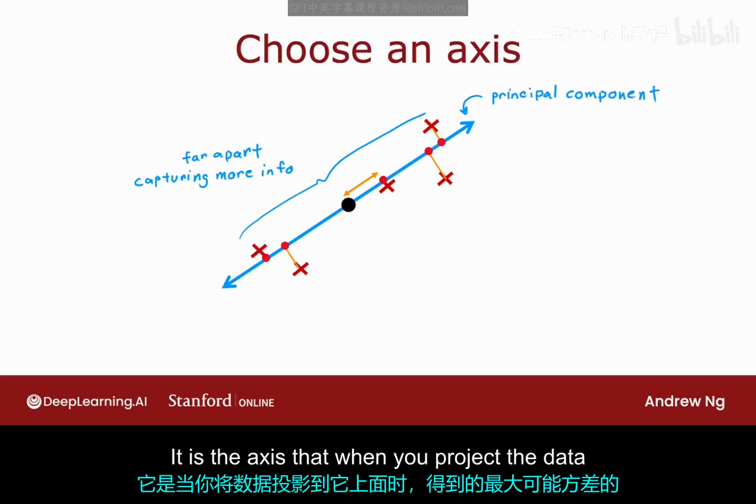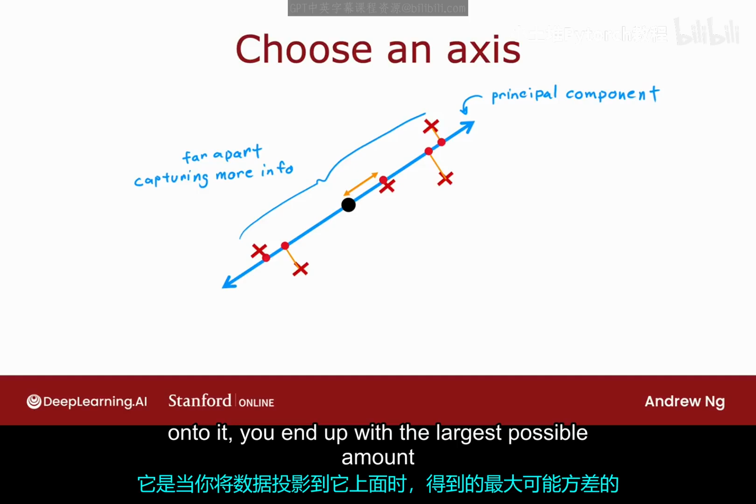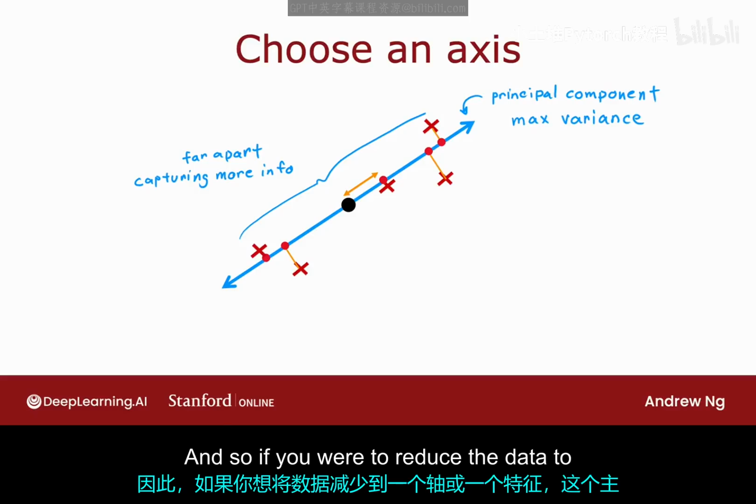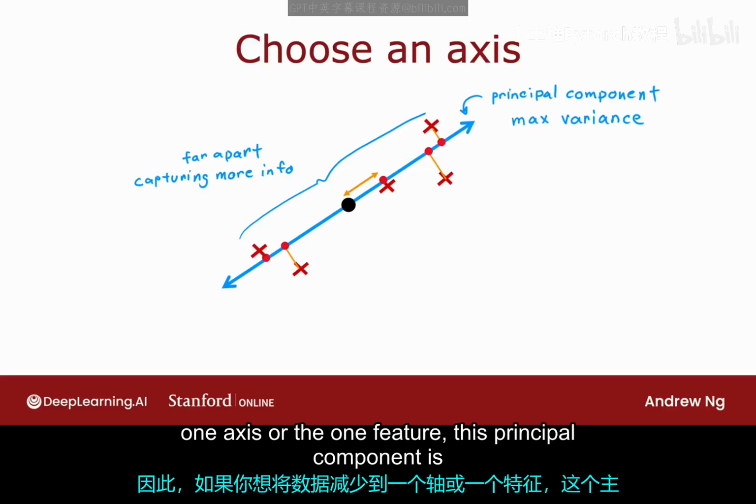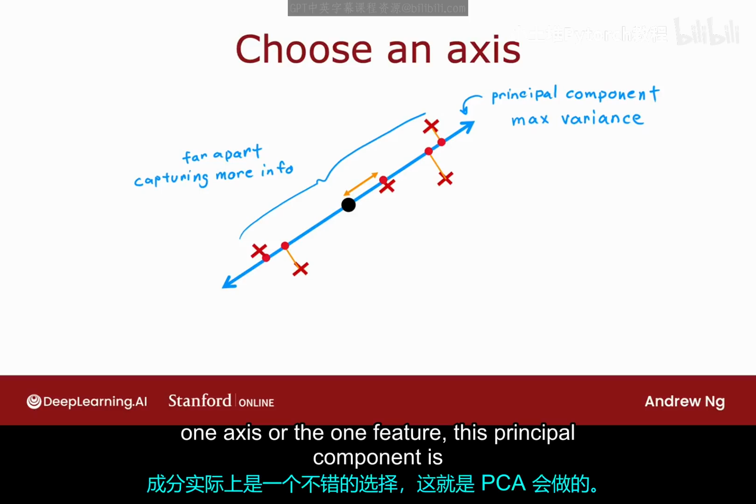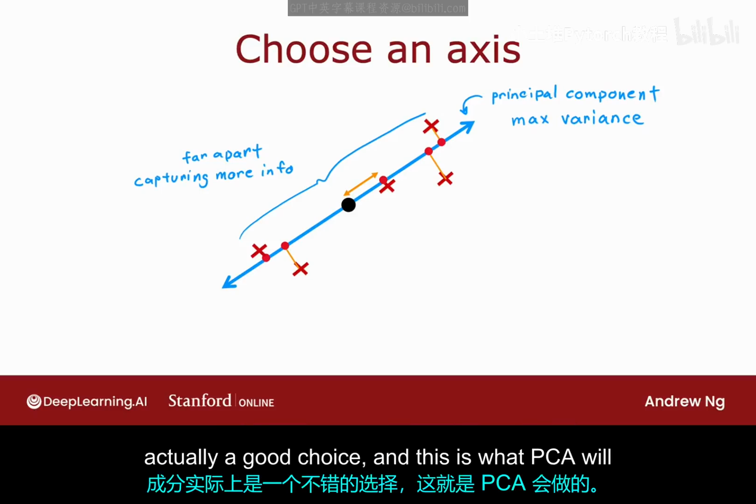It is the axis that when you project the data onto it, you end up with the largest possible amount of variance. And so if you were to reduce the data to one axis or the one feature, this principal component is actually a good choice. And this is what PCA will do.